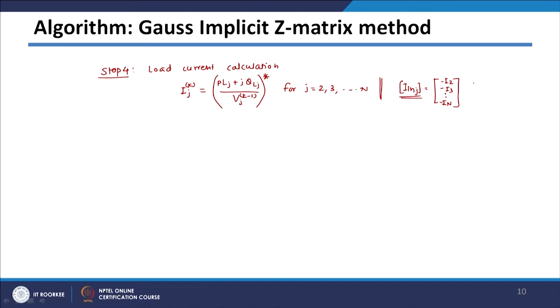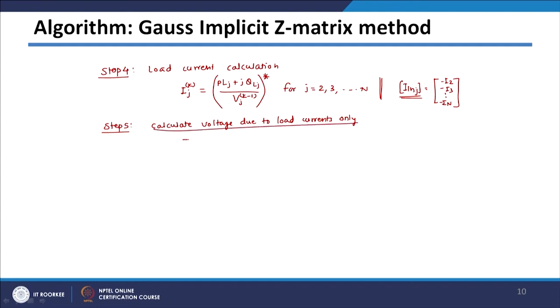So now the I injected matrix is known, and in step 5 we use that LU decomposition and get the delta V. So calculate voltage due to load currents only, modeling them as current sources.